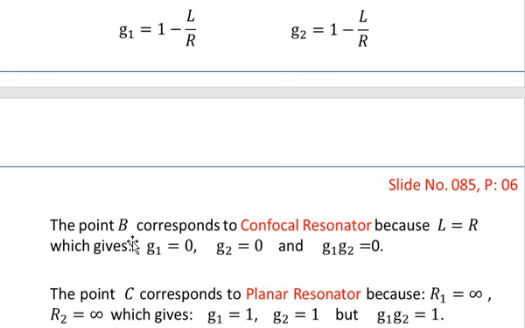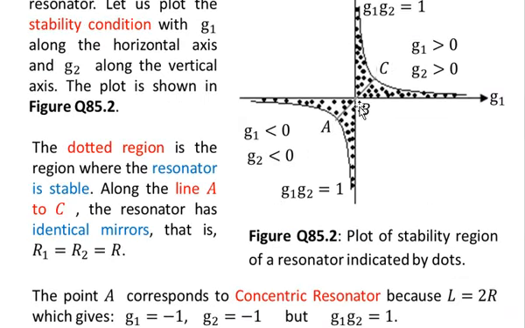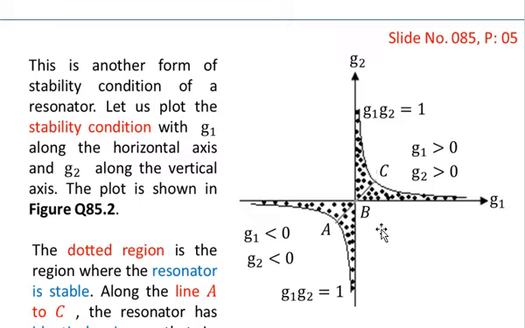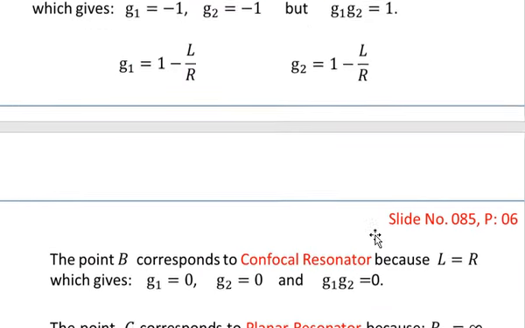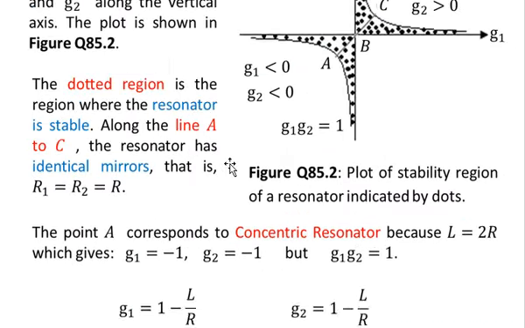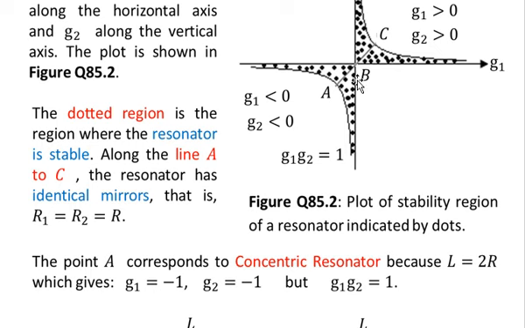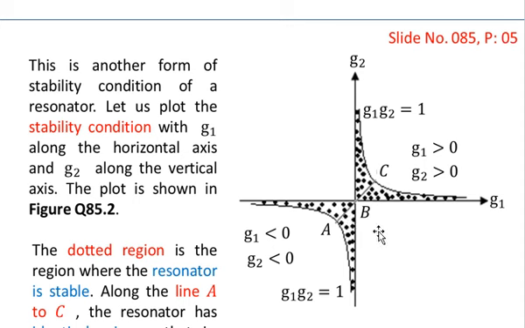Now let's discuss the point B. The point B is located over here at the origin of the coordinate system formed by G1 and G2 as the axes of the coordinate system. So let's talk about B. You see that B has 0, 0 coordinates. That is, the value of G1 is 0 at point B, and the value of G2 is also 0 at point B. So under what condition do we get G1 is equal to 0, G2 is equal to 0?